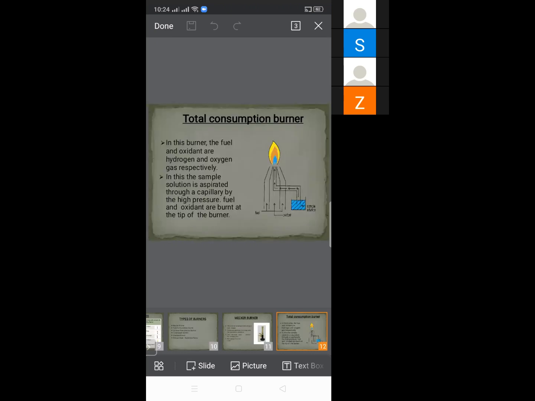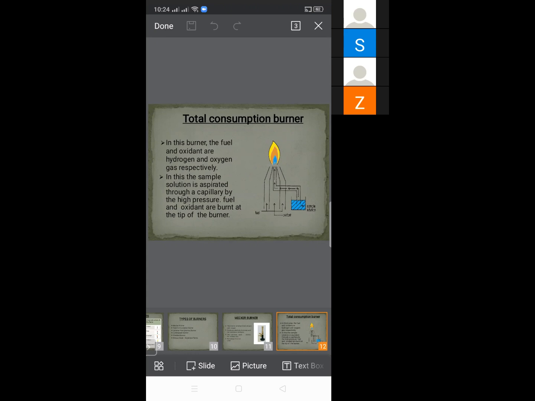So next is the total consumption burner. In this burner, the fuel and oxidant are hydrogen and oxygen gas respectively. The sample solution is aspirated through a capillary by the high pressure. Fuel and oxidant are burnt at the tip of the burner.